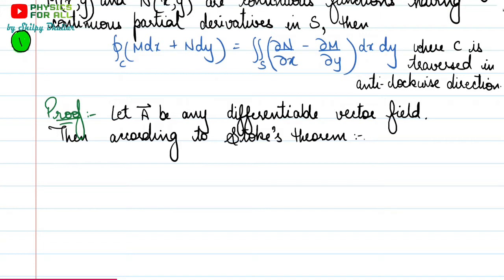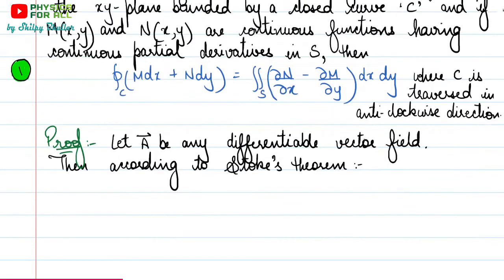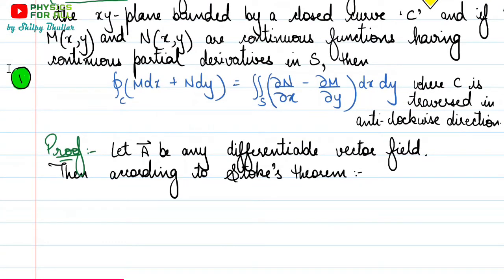This is what we know. So we are going to use that formula to find what the value would be if there are two continuous functions. It's kind of tricky, the way we have used the vector field A and these continuous functions M(x,y) and N(x,y) in our proof.